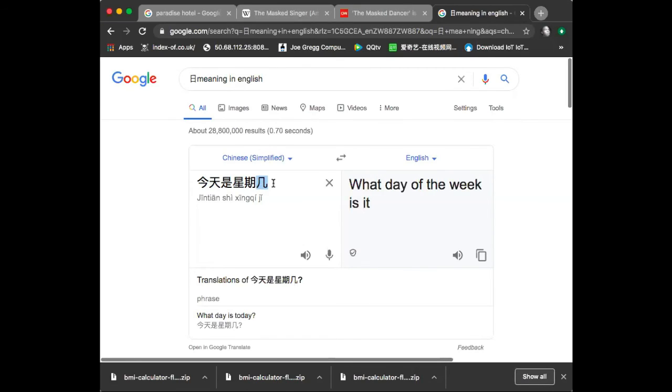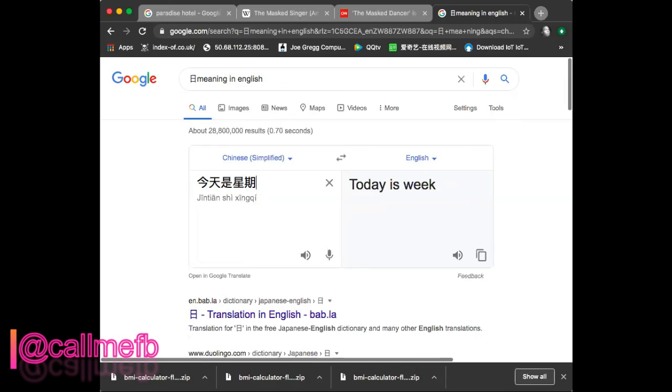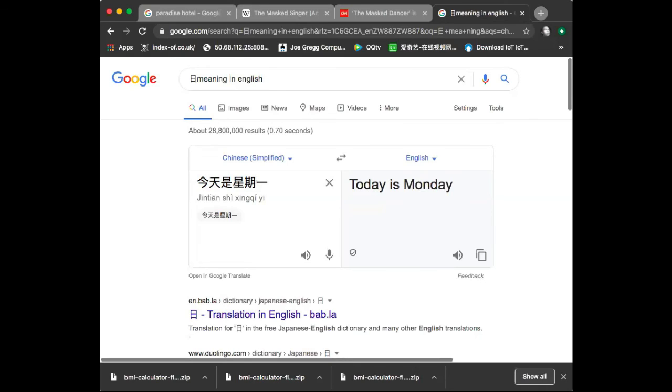And then when we are answering, we simply remove the 几 and replace it with the number of the day. So if it's Monday, we're adding Yi, which is 1, and then today is Monday.